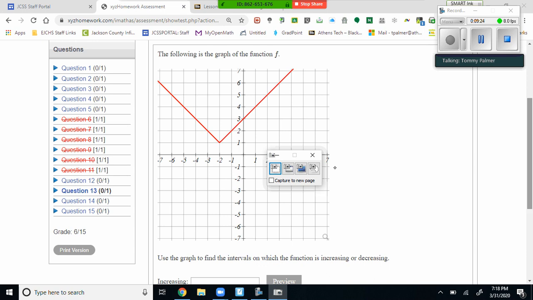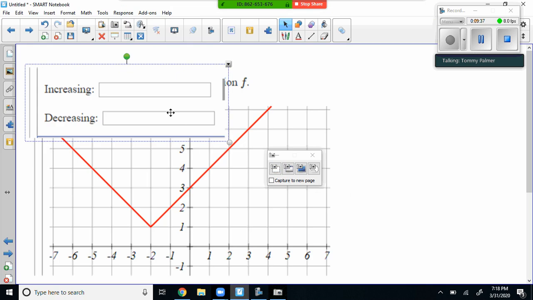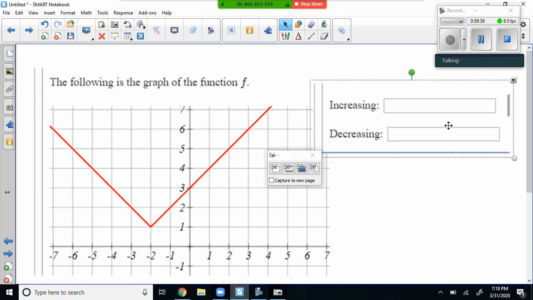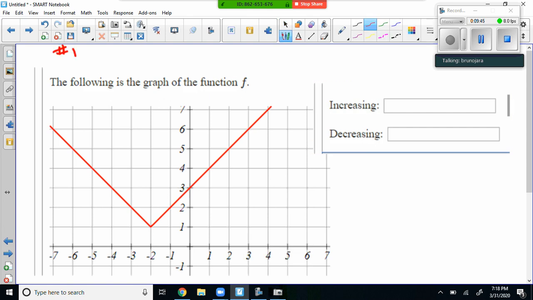And then I'll also grab this. There we go. Yeah, for this one, it's still going here, right?